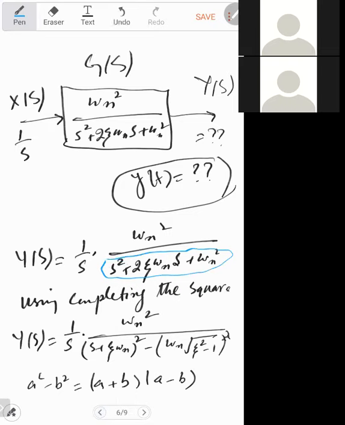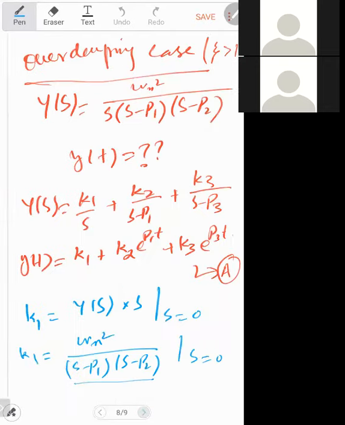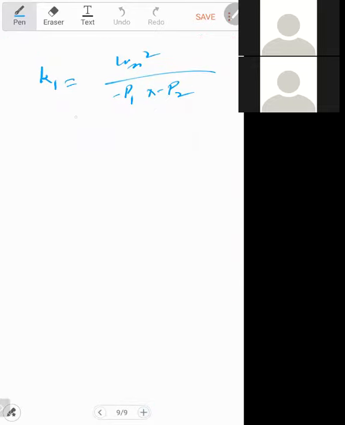If you place the value of S equal to 0, the first one will become equal to 0, the second one will also become 0, and you are left only with omega n square. In the numerator you also have omega n square, so both will cancel, and you will get only K1 equal to 1. So instead of this one, you can also use the simple expressions, and you will be left with K1 equal to 1.